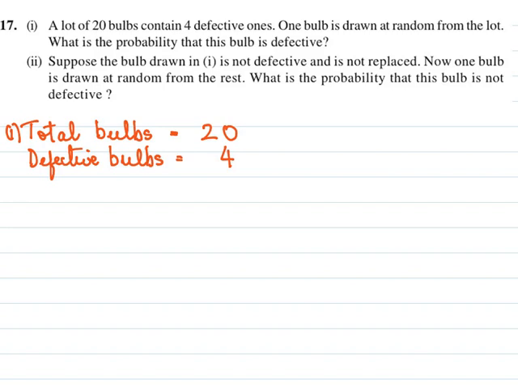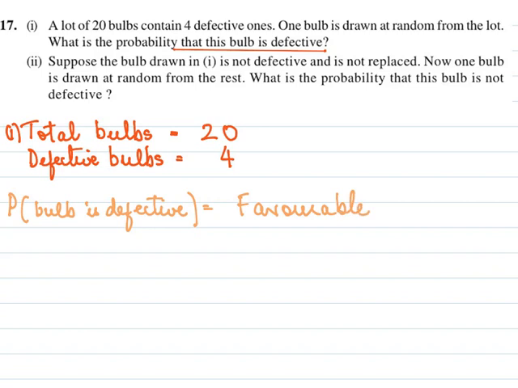So we have to here find the probability that the bulb is defective. So to find this probability that bulb is defective, it will be favorable outcome over total outcome.